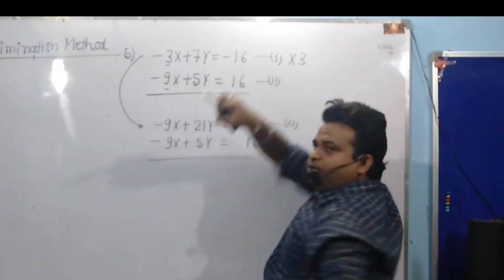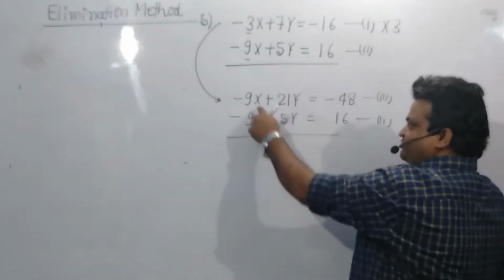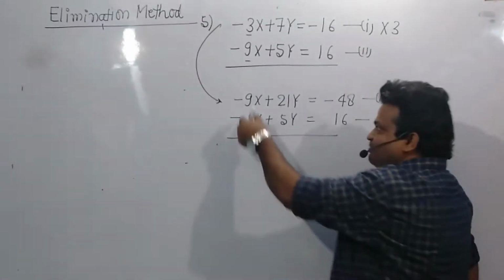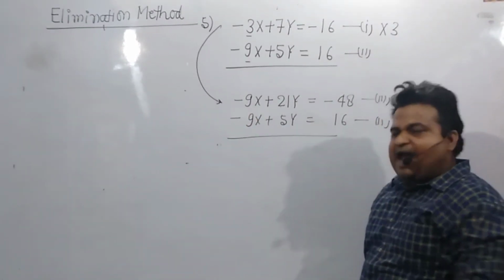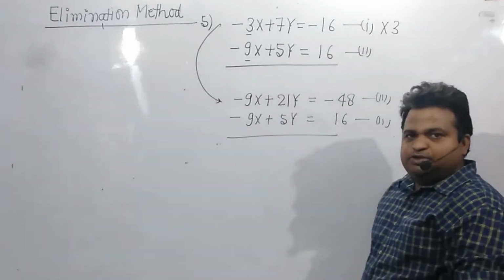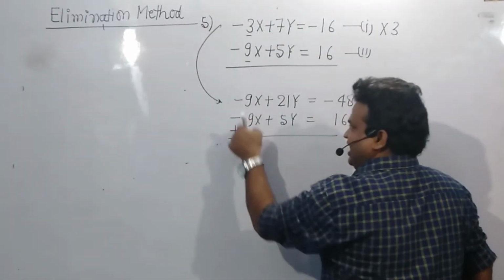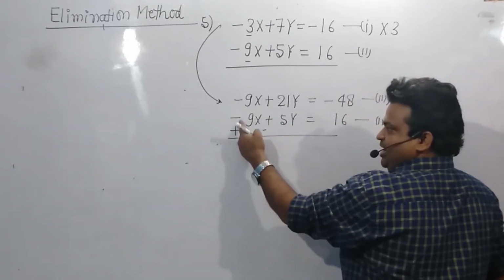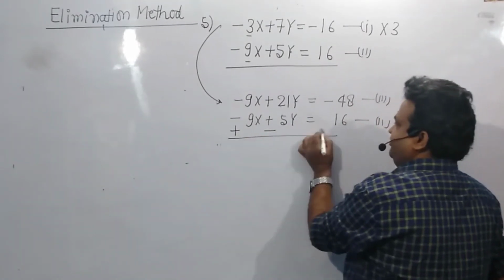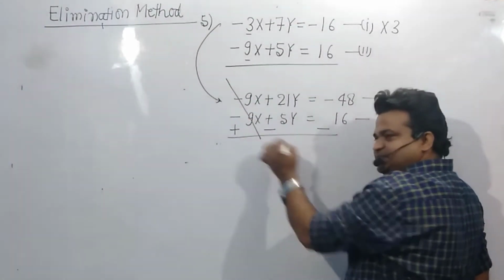Now the second step is elimination. Since your x coefficient is equal, this is minus 9. If you add equation number 3 and equation number 2, it becomes minus 18, so you need to subtract this equation, changing the sign. So this is minus 9x, this is plus 9x, cancel.